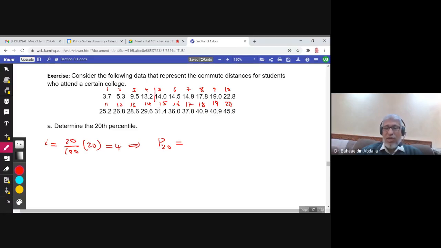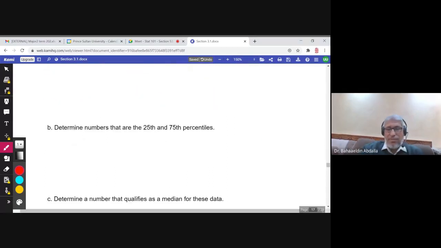It should be in the middle between the number in the 4th position, which is 13.2, and the number in the 5th position, which is 14. If you divide the sum by 2, you will get 13.6, and that's the 20th percentile for this data.